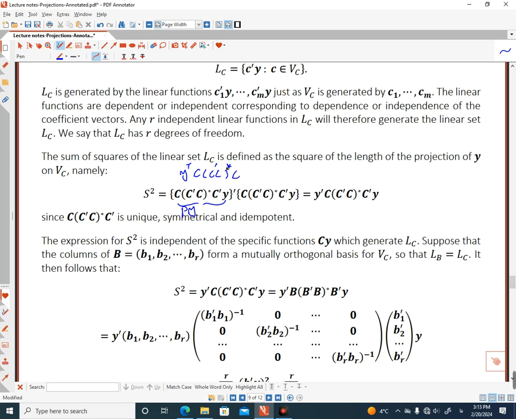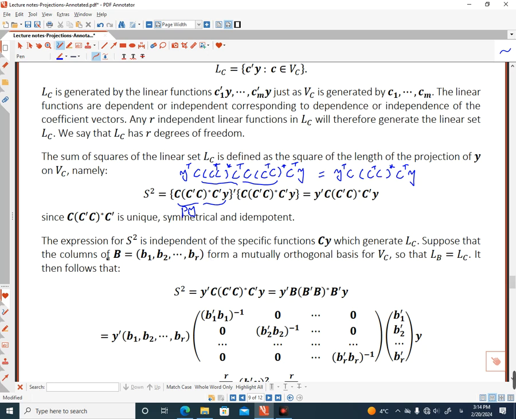You're familiar with such a notation. Let me put T here. Then we have C transpose. Then I'll multiply the second term, generalized inverse C prime y. Now, according to the definition of generalized inverse, I can write it as one generalized inverse. So we have (C prime C) generalized inverse C prime y.